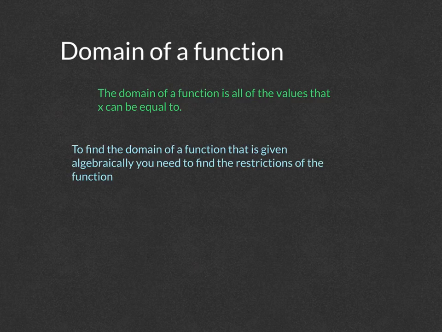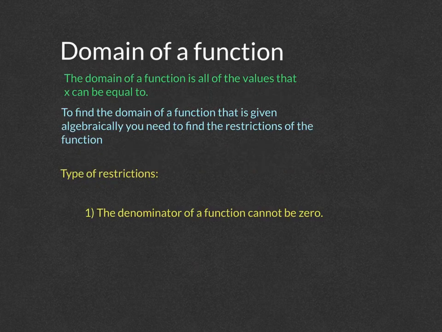To find the domain of a function that is given algebraically, you need to find the restrictions of the function. Now we're going to look at two types of restrictions. The first type of restriction is that the denominator of a function cannot be 0.